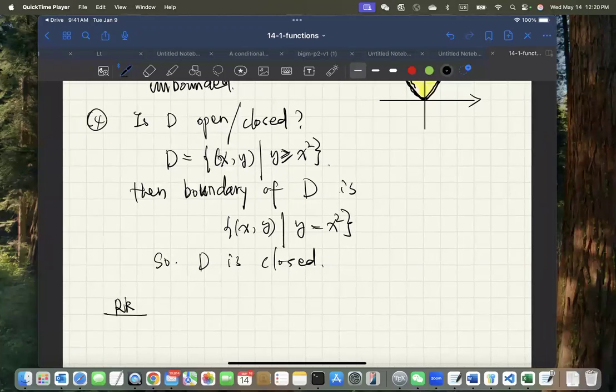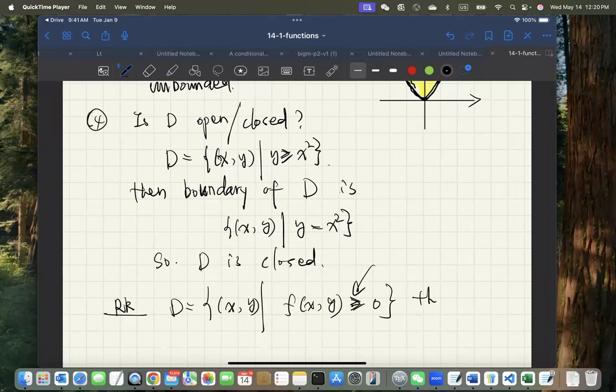So usually if D is given by x, y such that f(x, y) is greater than or equal to 0, so the inequality includes equality, then it's closed.